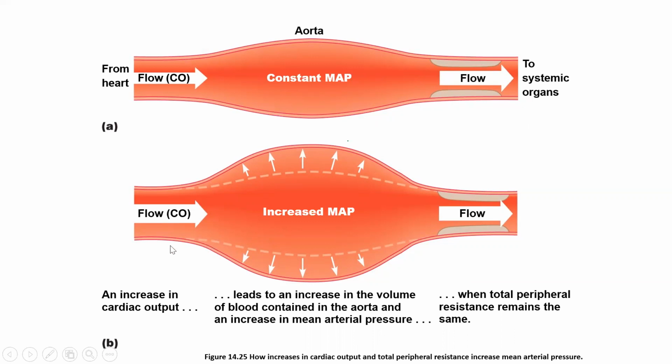But if we increase cardiac output, we will then increase mean arterial pressure, and that will keep flow constant, right? Remember, resistance is inversely proportional to flow here.